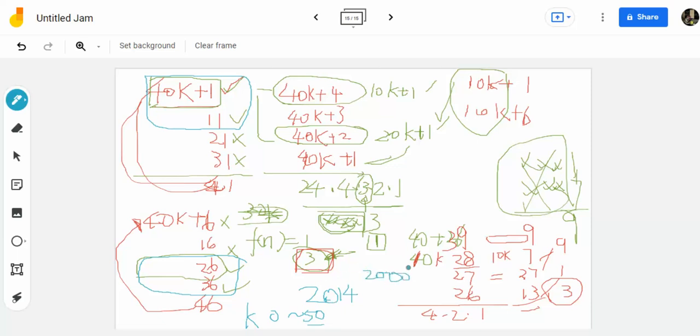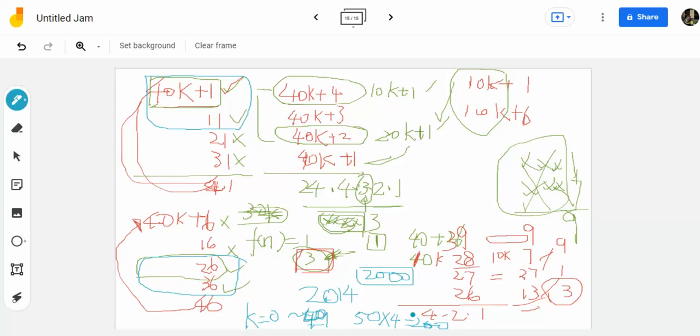So 2000 is a special case. So we have to do k up to 49 first, right? k equal to 0 to 49. k from 0 to 49 does not pass 2000. From 0 to 49, how many k do we have? We have 50 k's here, right? For every k, how many answers do we have? 1, 2, 3, 4. We have 4 answers. So therefore it is 200, right?